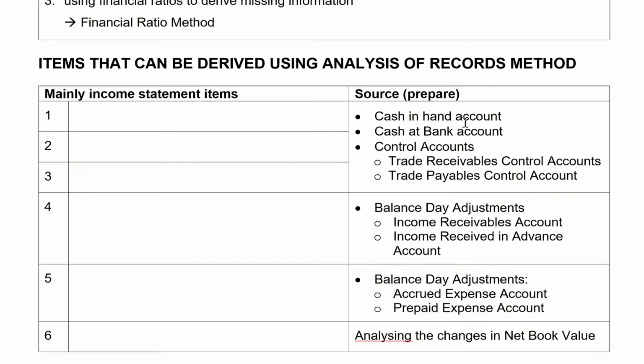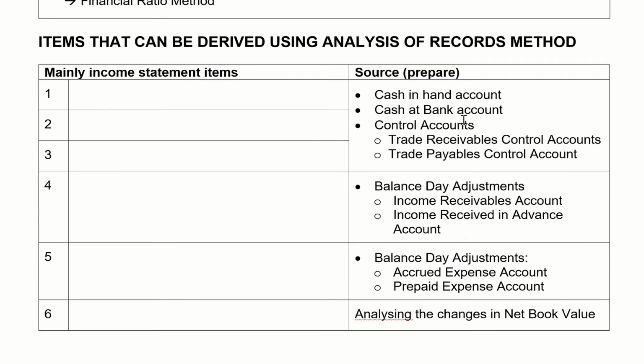Alright, without further ado, I'm going to start and we will be looking at items that can be derived using the analysis of records methods. Now, if you vaguely remember, the incomplete records chapter basically focuses on when the business does not keep proper records of accounting. That means they don't keep double entry recording. Perhaps they only record all the cash transactions or the cash and bank transactions and they don't record much else.